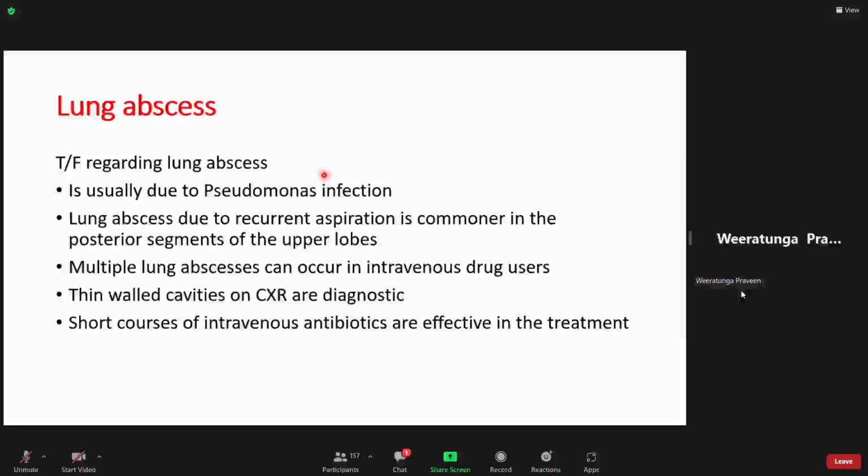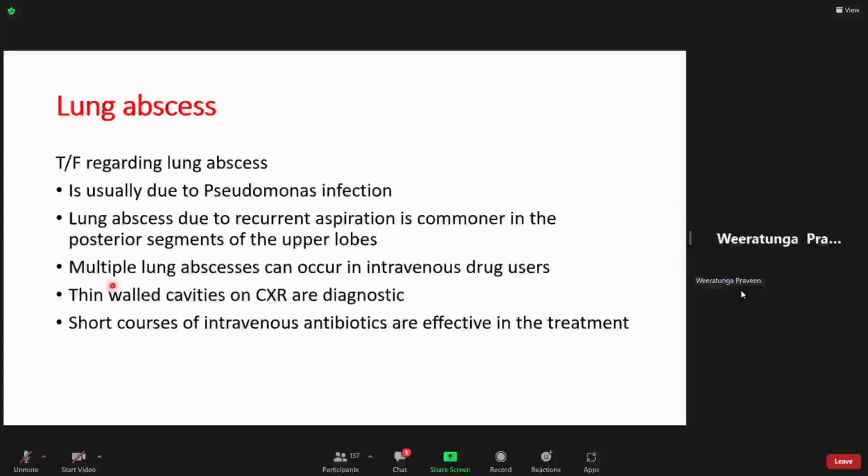Lung abscess due to recurrent aspiration is commonest in the posterior segment of the upper lobes. That is anatomy, I won't go into it. Now, remember this point, it is very important.